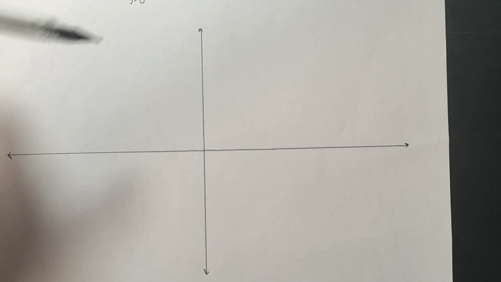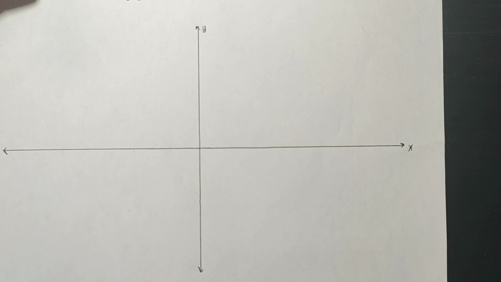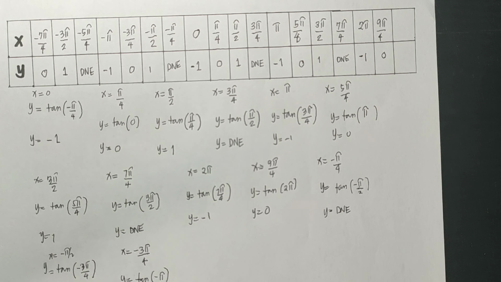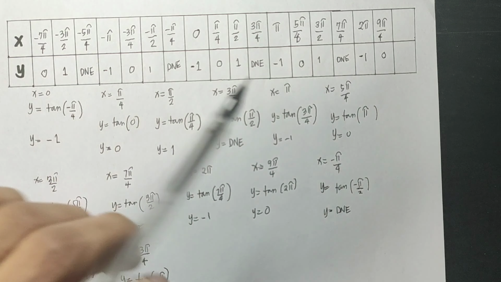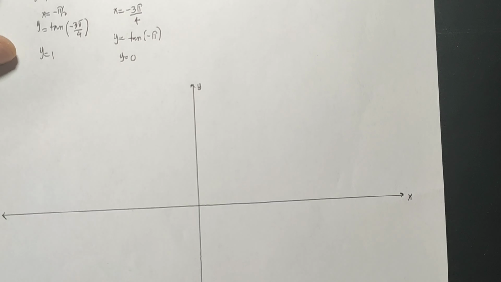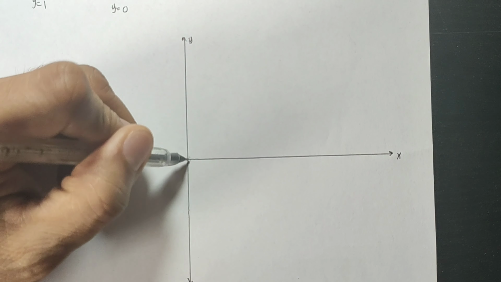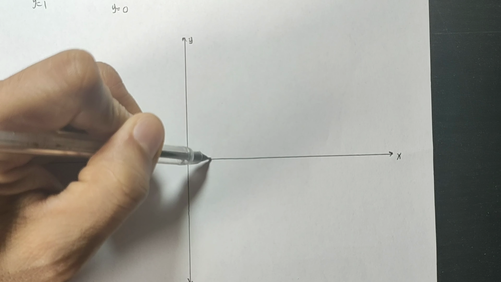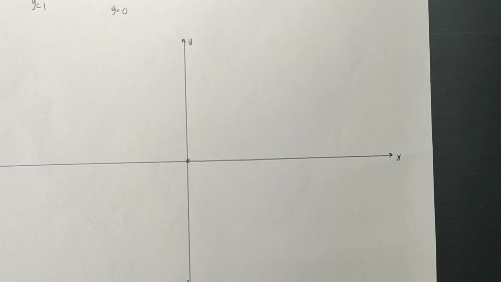Okay, so this is now the Cartesian plane, the y-axis and the x-axis. As you can see, the values for x that we have here are the multiples of pi over 4 and so on. So let us now locate that on our x-axis. Starting from 0, we will start with pi over 4, pi over 2, 3 pi over 4 and so on.